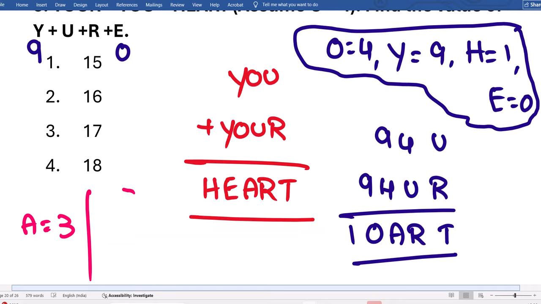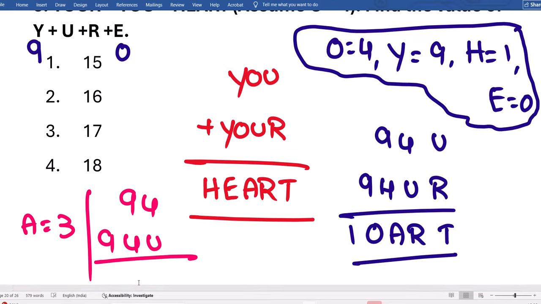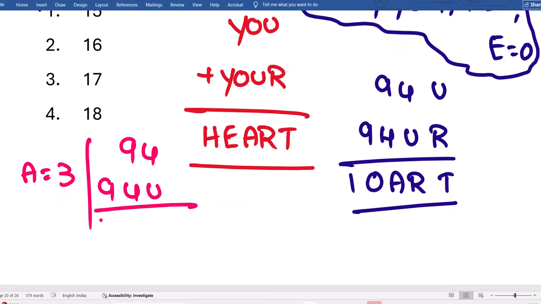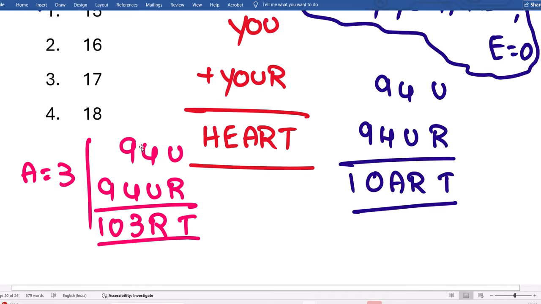So 94U, 103. Then U, R, T: 2, 5 like that you have to try.